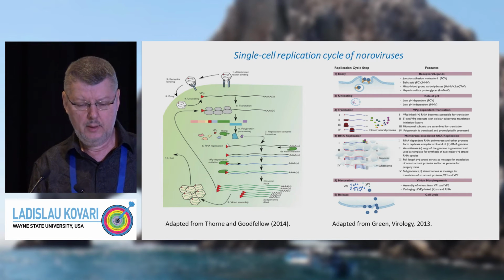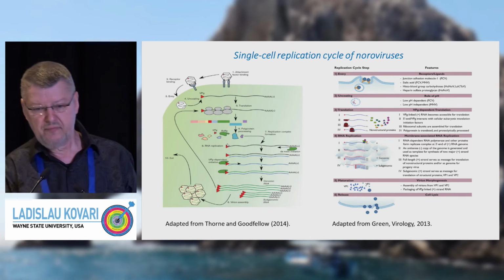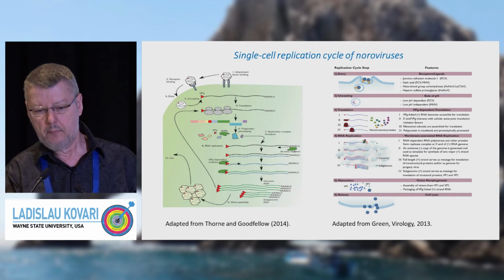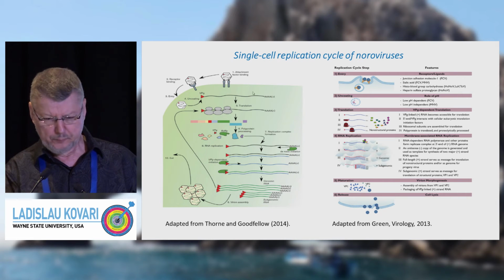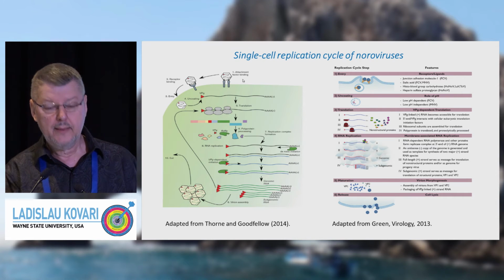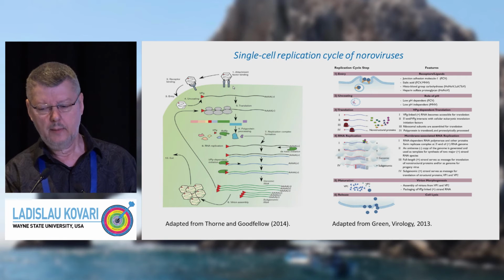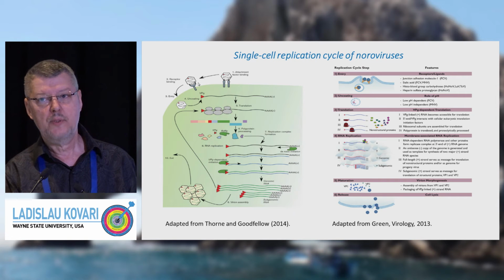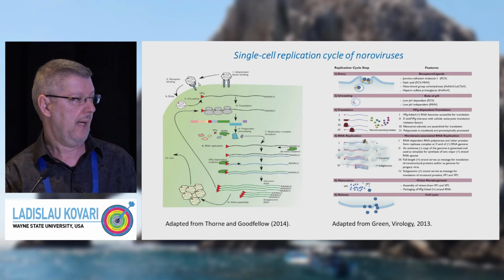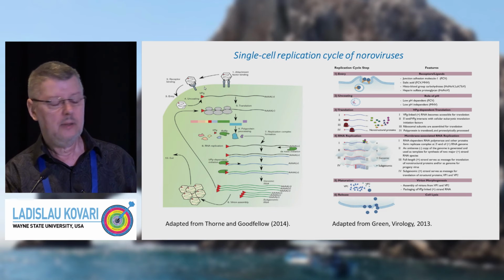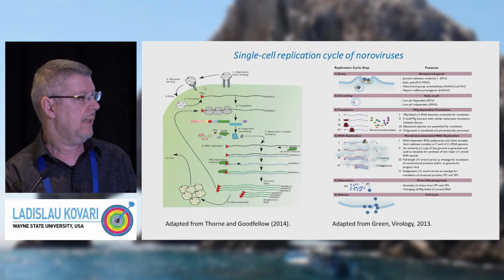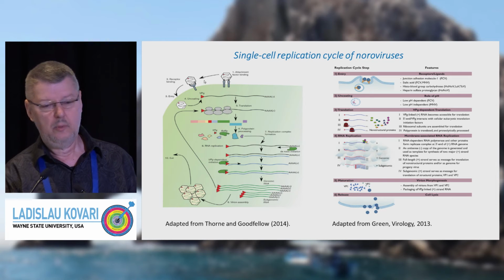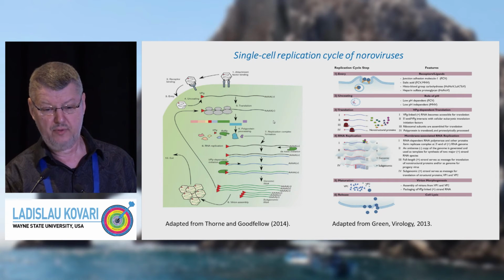Very briefly, I'm going to describe the life cycle. In some animal noroviruses, the receptor has been identified. In humans, it hasn't been characterized yet, but it's known that a sugar moiety is important for binding of the virus to the cell surface.